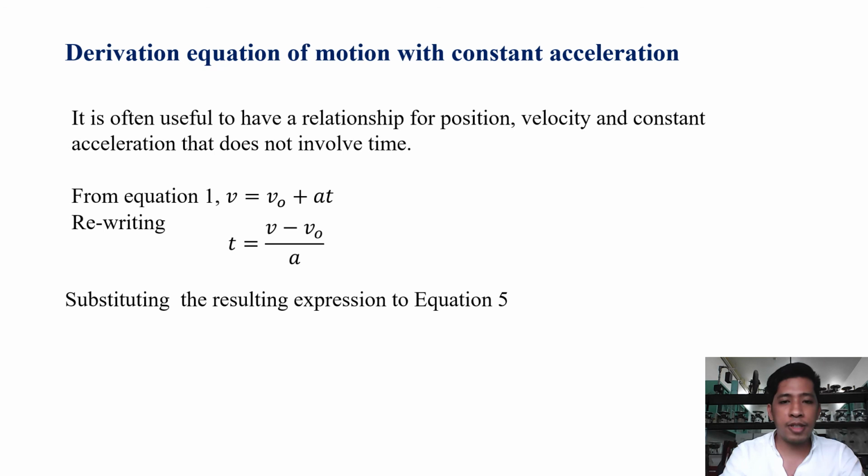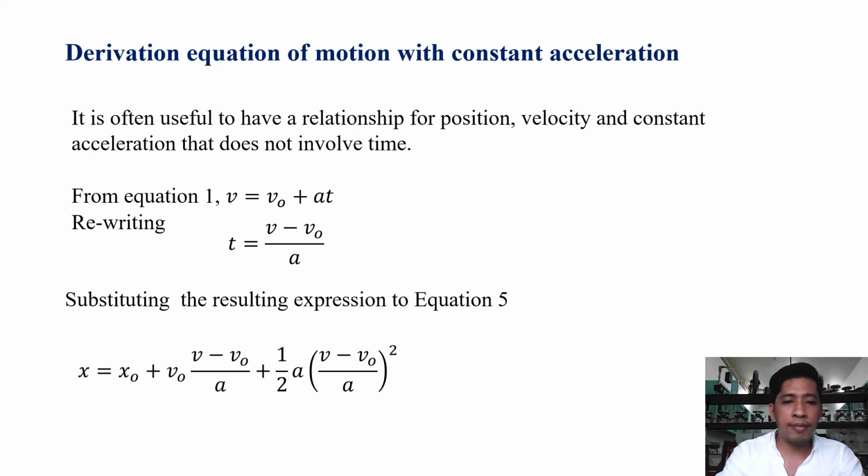Substituting the resulting expression into equation 5, we get x is equal to x0 plus v0 times v minus v0 over a plus 1/2 a times v minus v0 over a squared.